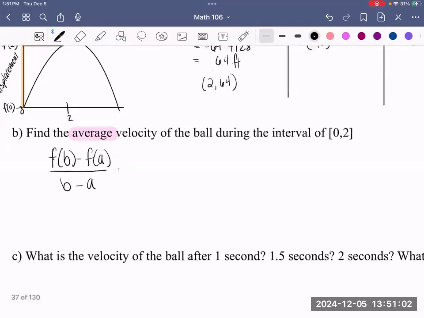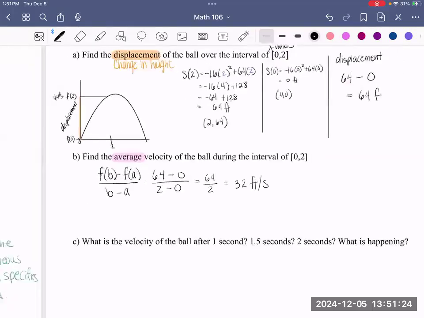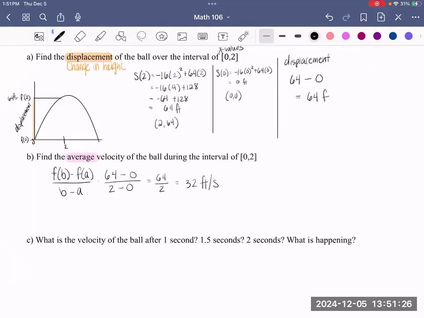Now, thankfully, we have f of b and f of a from your previous step. So f of b we said was 64 minus f of a was 0, all over 2 minus 0. So we're really working with 64 divided by 2, which is 32 feet per second. So on average, we're moving at about 32 feet per second over the course of these 2 seconds. And it's going to be positive because we're going up.